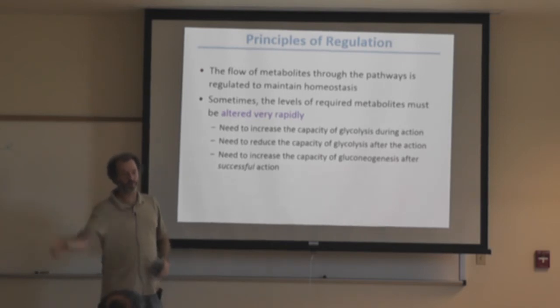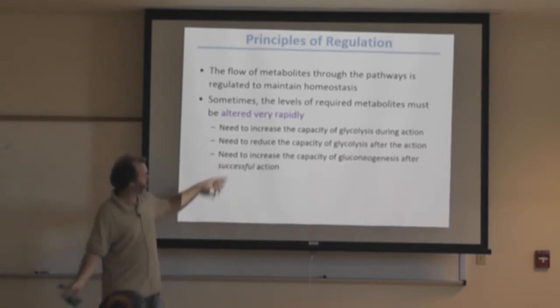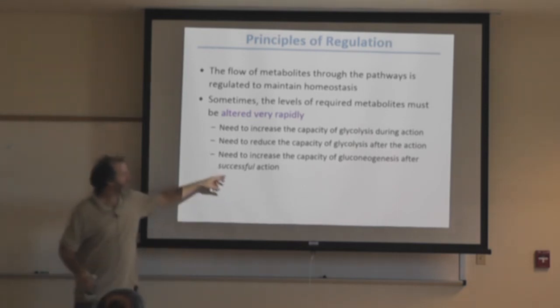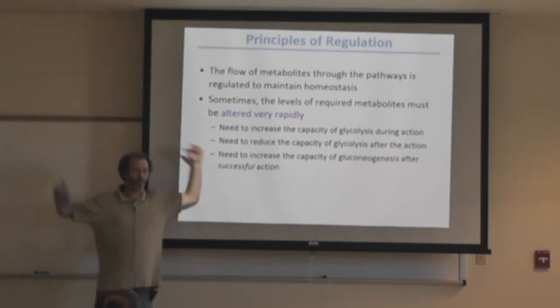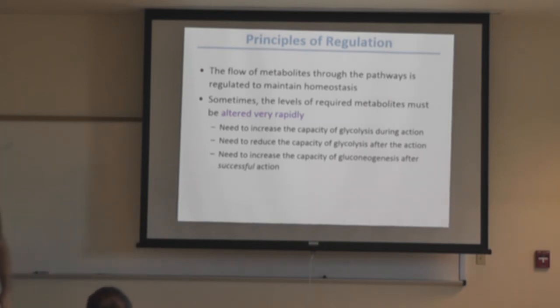There's a hormone signal that triggers you to burn sugar and to release glucose from glycogen stores. Likewise, the reverse is true after successful action. If you have all this high blood sugar from the action of epinephrine, insulin's going to need to be there and tell you to store all that energy you're not using anymore because you've escaped or beat the thing that was trying to eat you.